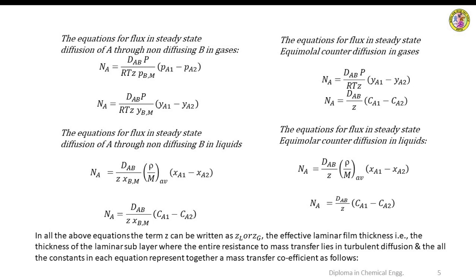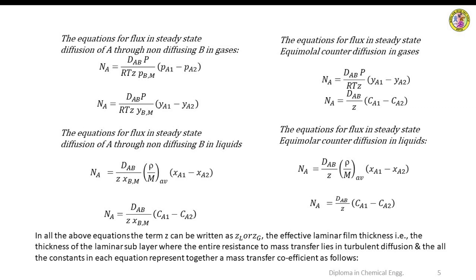So in all these above rate equations, the term Z can be written as ZL or ZG. So for example, if you take the first equation DAB P by RTZ PBm, here the Z represents the distance over which the molecular diffusion occurs.